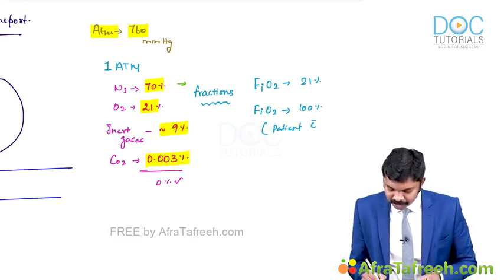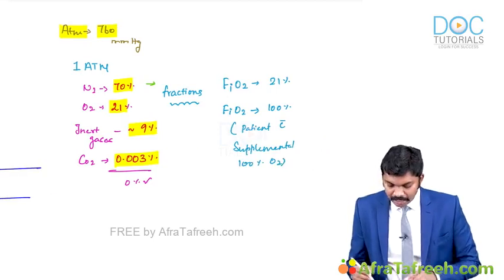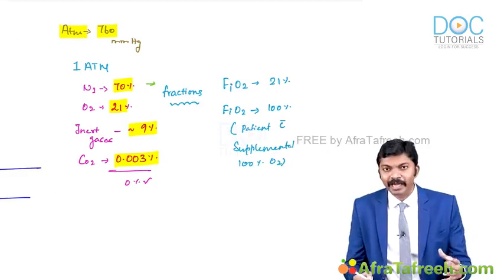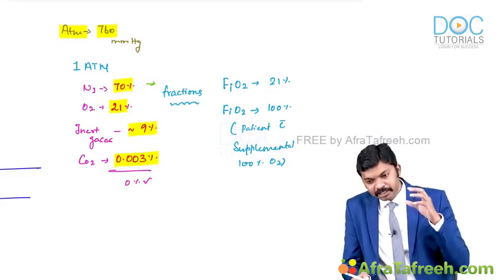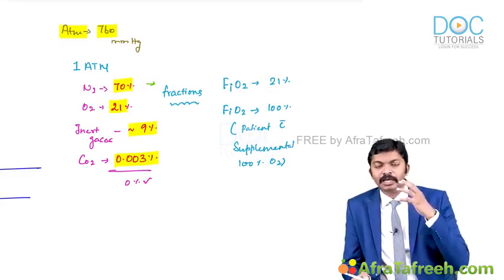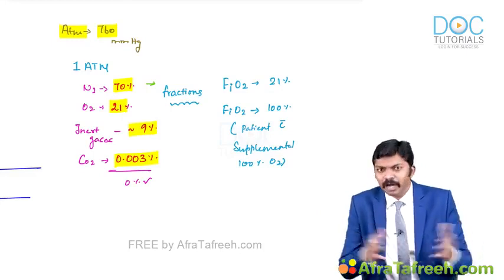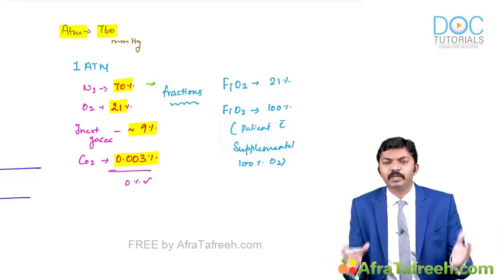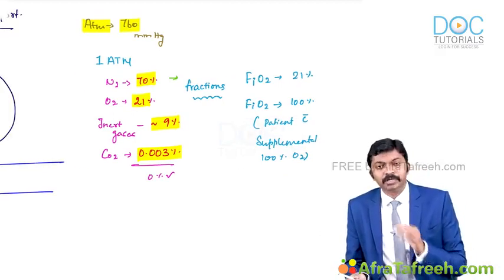Only if someone is breathing room air will they have 21% oxygen. If a subject is put on a mask and you administer 100% oxygen, the fraction is 100%, right? Every single molecule getting into the system is just oxygen. So guys, this is about the percentage.